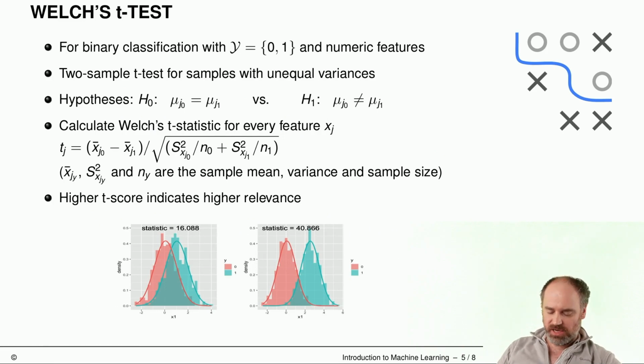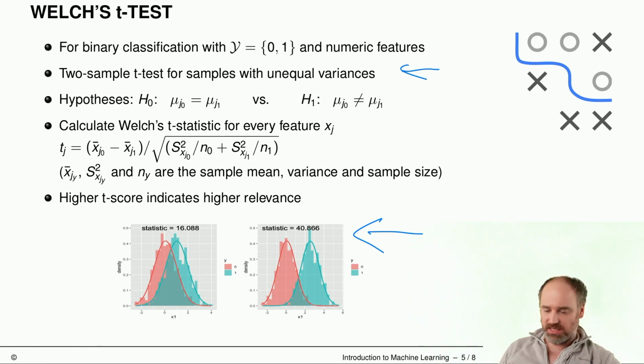Now, maybe you want to have something that's a bit more geared towards binary classification. So there's a very simple filter based on the t-test statistics. I guess it's extremely simple to explain. So here we have, based on these two figures here, well, maybe we can also start with the abstract stuff.